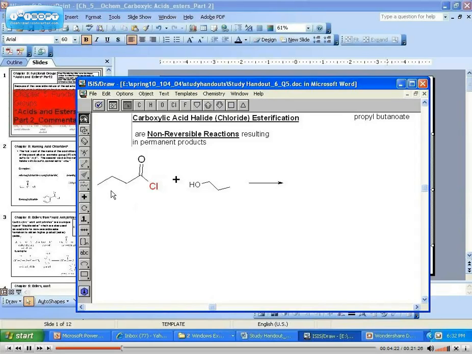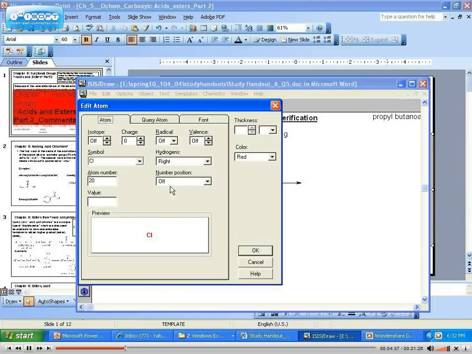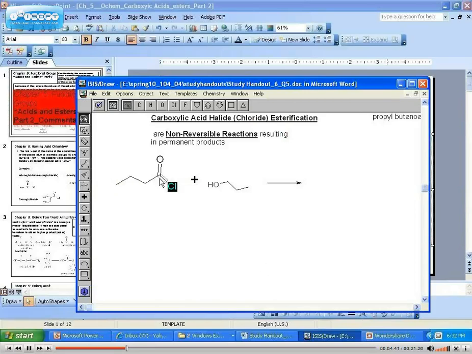This requires we first create what's called an acid halide. So notice it has a carbonyl group. However, instead of an oxygen, we have a chlorine that's directly attached to the carbonyl carbon. So this is called an acid halide.